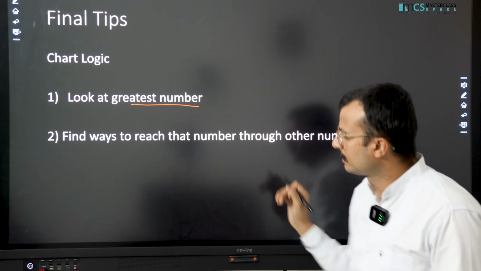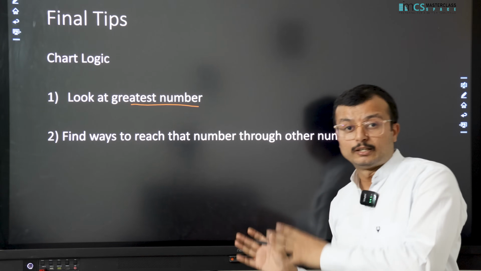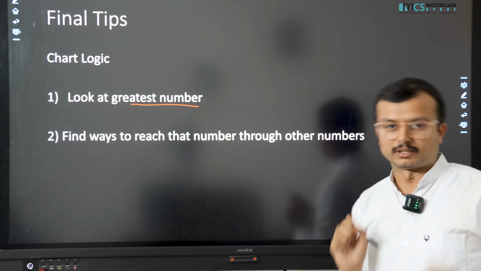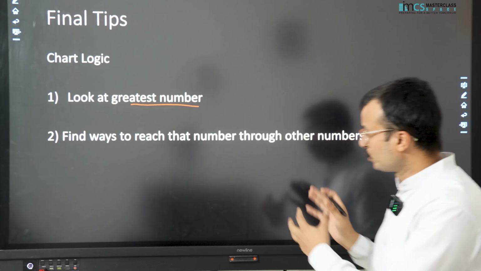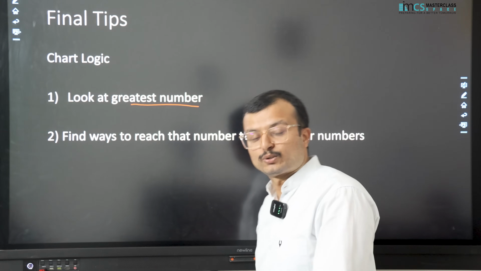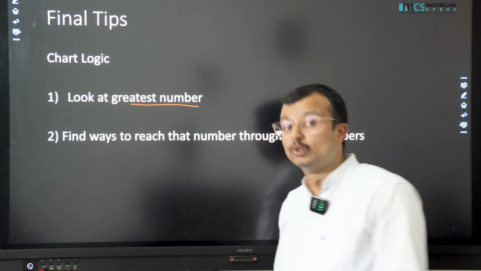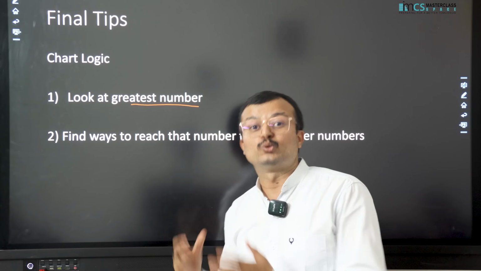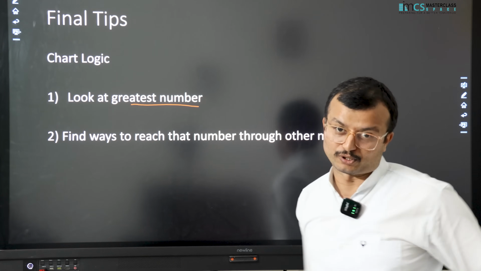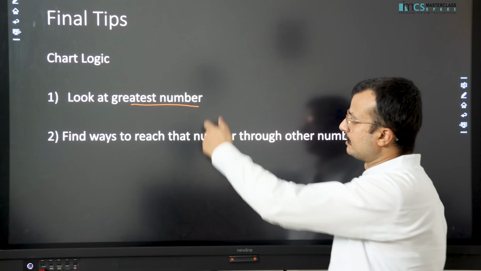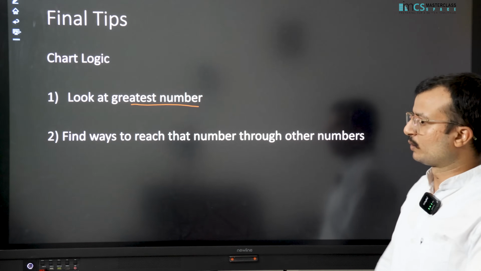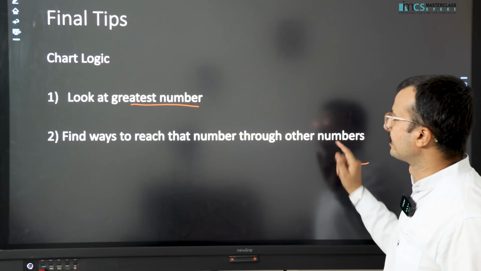Identify the greatest number and find ways to reach that number through other numbers. You see whether the addition of the other two numbers, the difference of the other two numbers, or difference multiplied by 2 or addition multiplied by 2 is giving you the third big number or not. That is the way of doing the questions of chart logic.